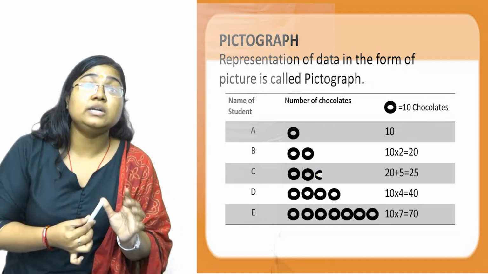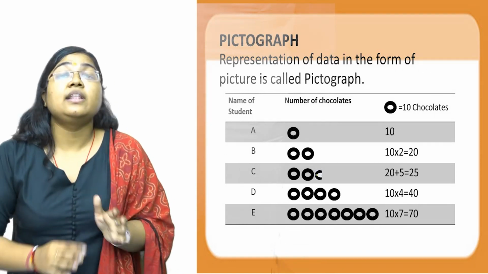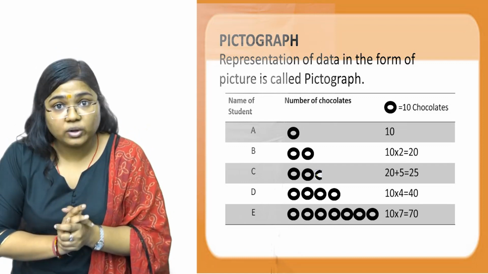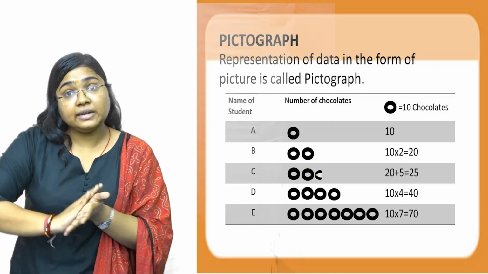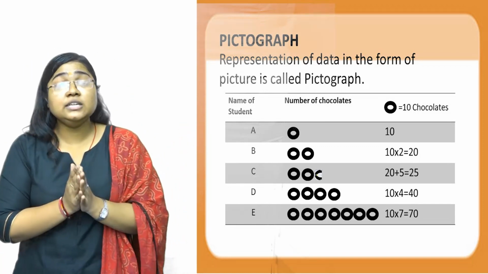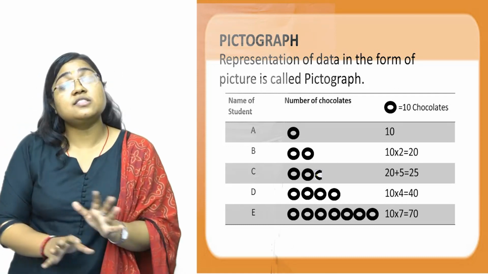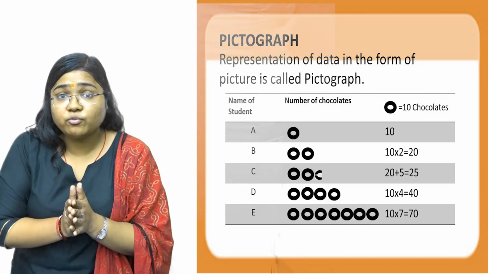We use this vertical bar to represent the data. The last one, we have done a pictograph. In a pictograph we represent data using pictures. So I think we all have learned how to represent data. This is a very interesting and easy topic you have all learned, hopefully.